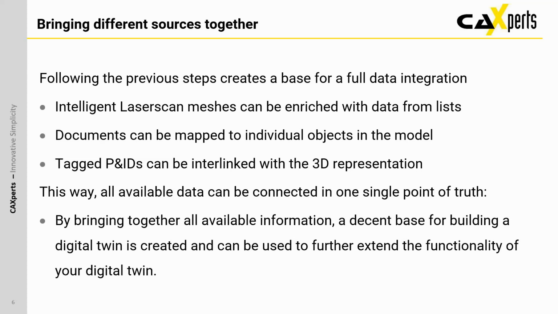Tagged PNIDs can be interlinked with a 3D representation, meaning you can jump back and forth between your now intelligent PIDs, IntelliPIDs, and single objects in your 3D model or laser scan. This way, all available data can be connected in one single point of truth. By bringing together all available information, a decent base for building a digital twin is created and can be used to further extend the functionality of your digital twin.